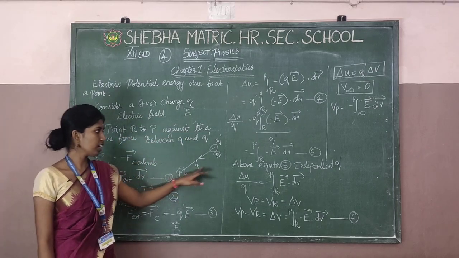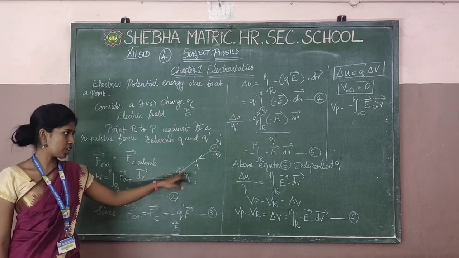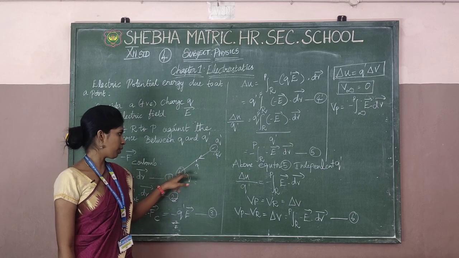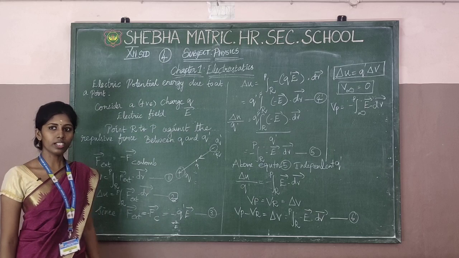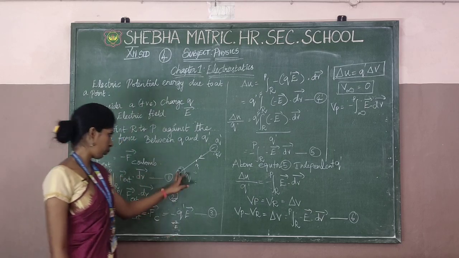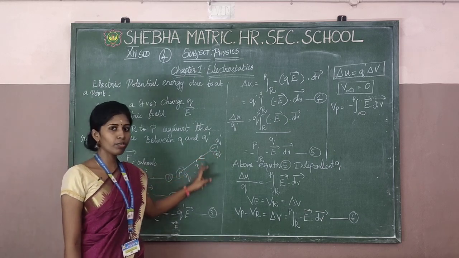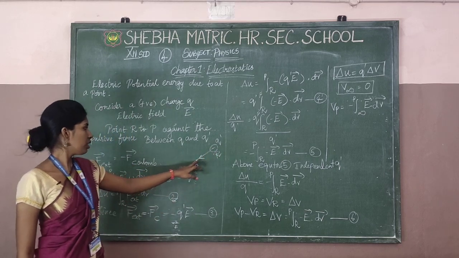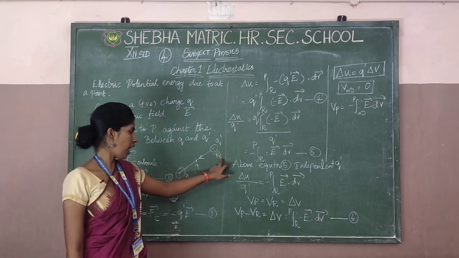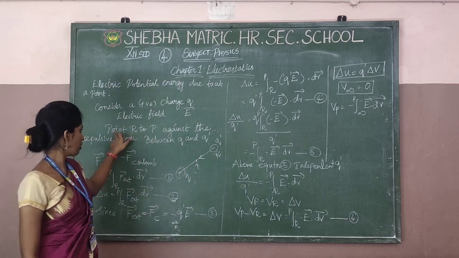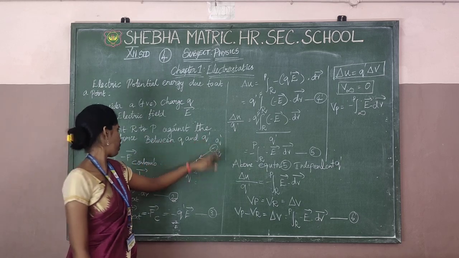One point is P and another is R. So the point R to P is against the repulsive force between Q and Q dash.